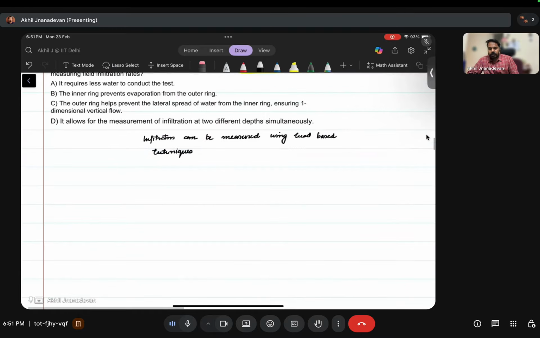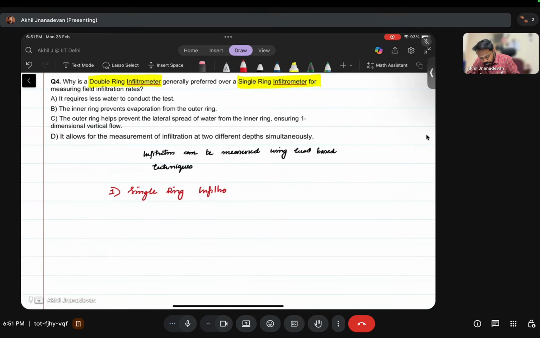Different head-based techniques can be used to measure infiltration. These are called single ring infiltrometer and double ring infiltrometer.